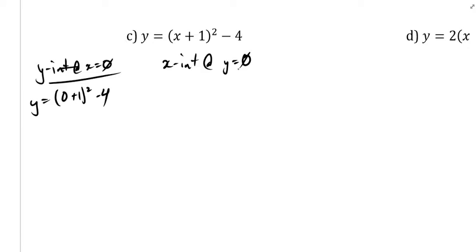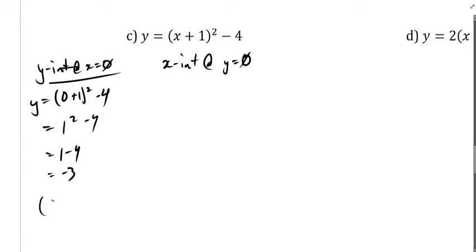So what do I do here? What's 0 plus 1? 1. So 1 squared minus 4. What's 1 squared? 1. What's 1 minus 4? Negative 3. So (0, negative 3). How many people got (0, negative 3)? Awesome. Easy, right?